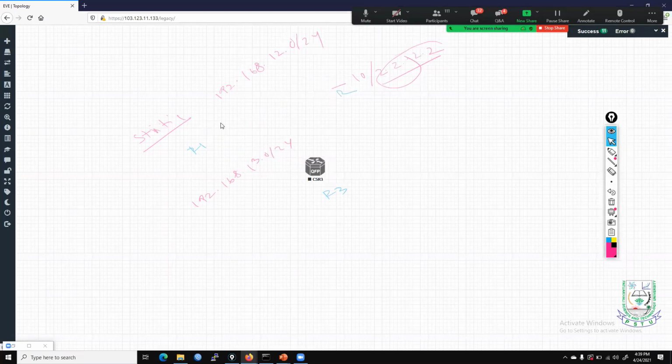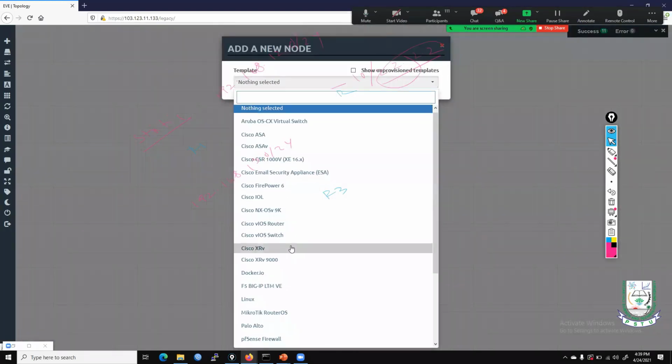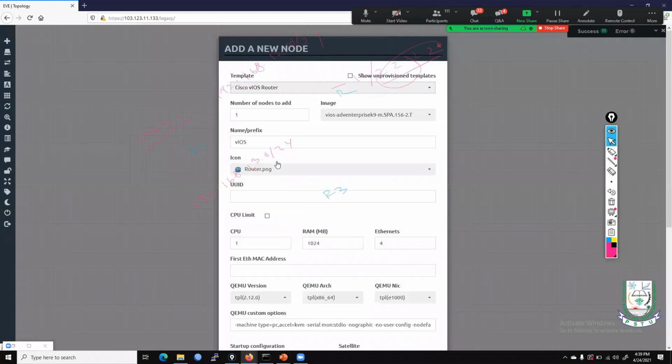So just changing the images, like, yes, routers.